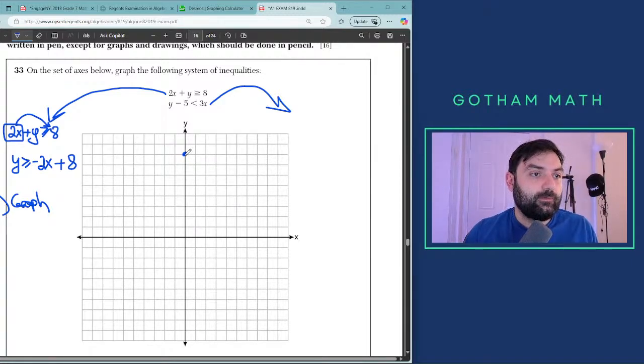So down 2, 1 to the right, and put a point. Now, before connecting those 2 points, you need to know what kind of line you're going to connect it with, solid or dashed. Well, this sign is a solid line, and this sign is a dashed line. So we're going to use a solid line to connect.